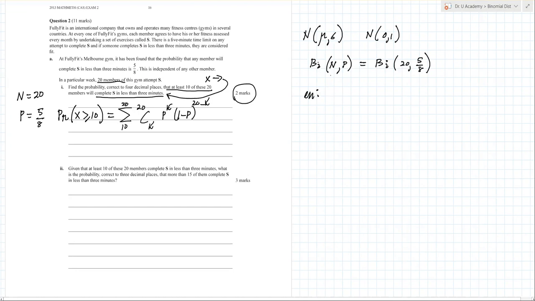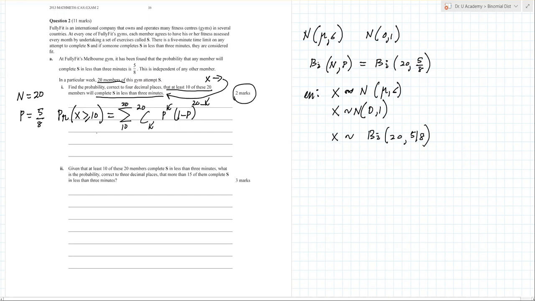Sometimes you will see in papers that the normal distribution is defined as X normally distributed with mu and sigma, because X is the random variable. Then the standard normal distribution is N of 0 and 1, and the binomial distribution like this, 20 and 5 divided by 8, for example.